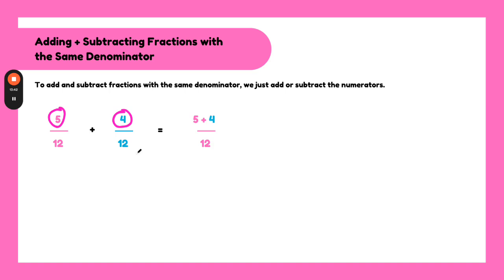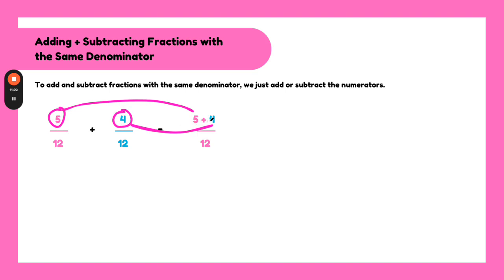So we take our numerator of 5 and add 4, our other numerator.